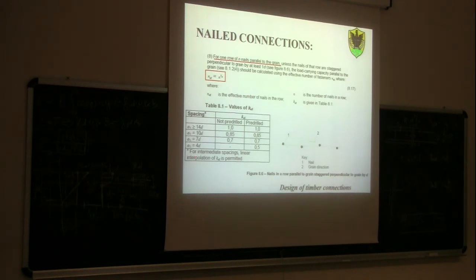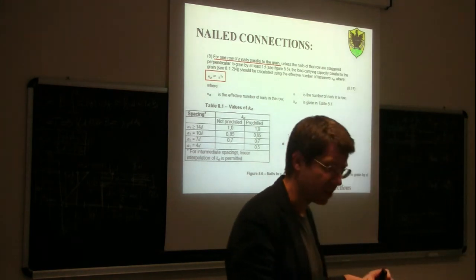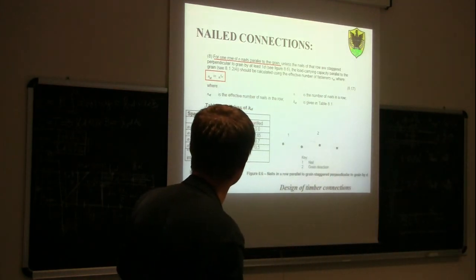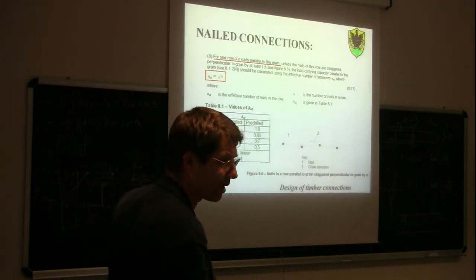So I can use the actual number of nails. If I reduce this space from 42 millimeters to 30 millimeters, so for a 3 millimeter diameter nail I use 30 millimeter spaces, so 3 centimeters, then you see I need to use, for a non-pre-drilled nail, an effective number of nails given by the number of nails to the power of 0.85.